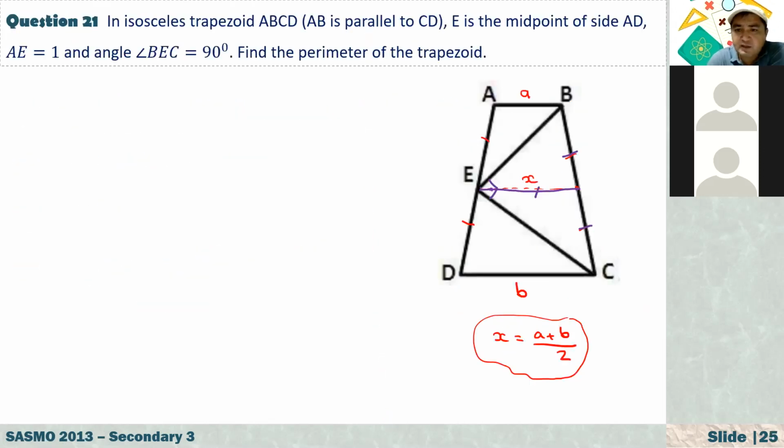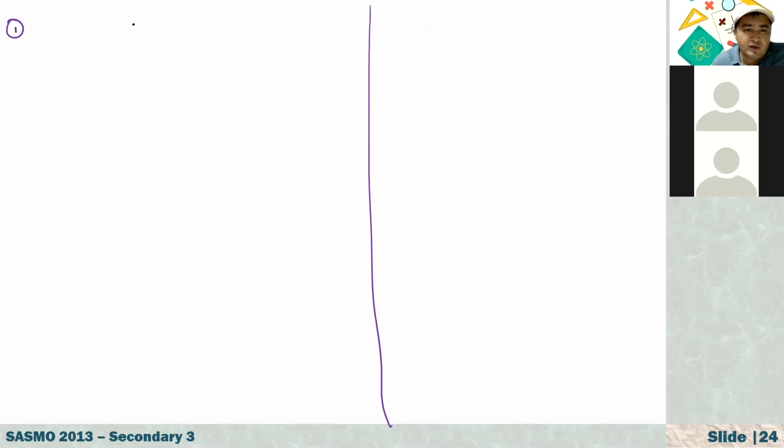The first one is, let me draw a line here. If you're given a trapezoid or trapezium, isosceles trapezium, why is (a plus b) over 2 equal to x? It's just about similarity, similar triangles.